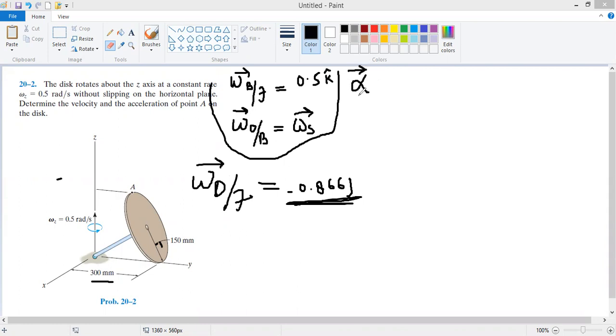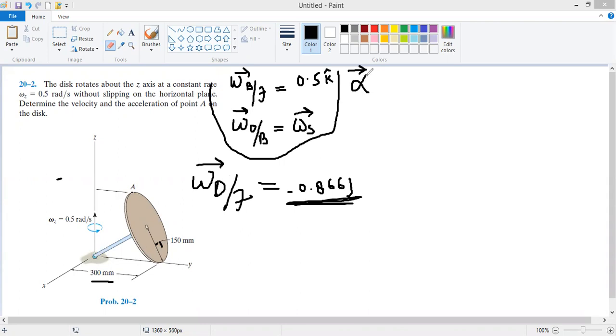Okay, so we have to find the angular acceleration of the disk with respect to the ground, because we have to use formulas for velocity and acceleration, which definitely involve the term of angular acceleration.